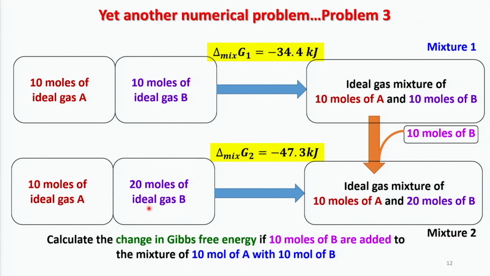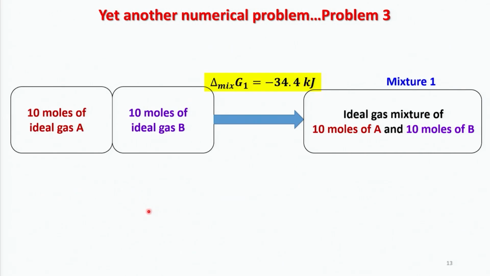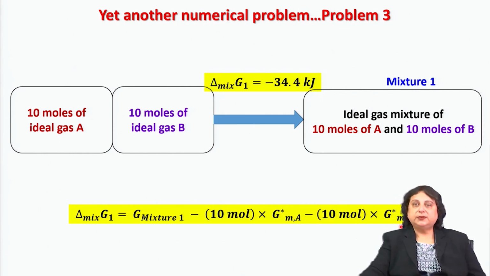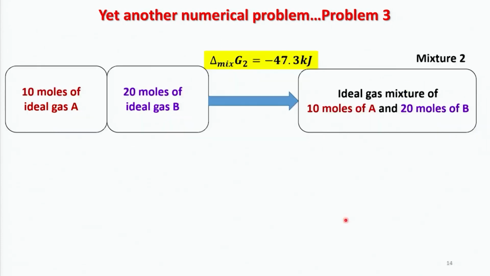G2, and then I realize that for this process I can write down delta mix G1 as G mixture 1 minus 10 moles multiplied by the molar Gibbs free energy of the pure phase A minus molar Gibbs free energy of the pure phase B multiplied by 10.